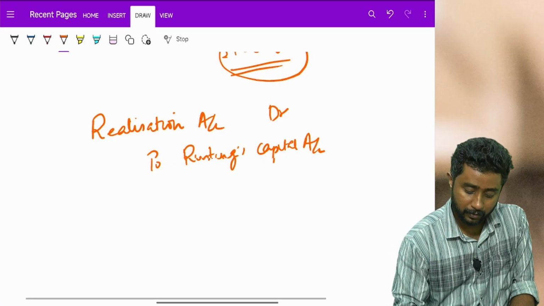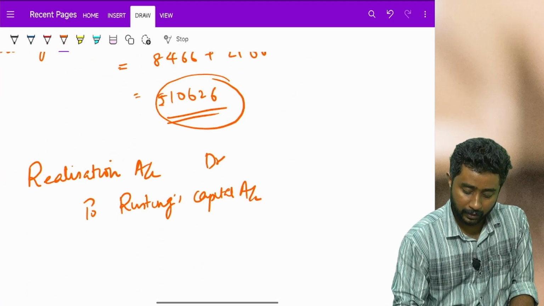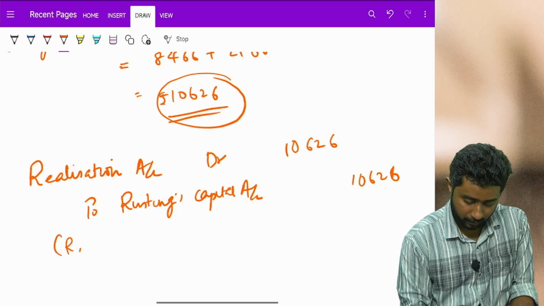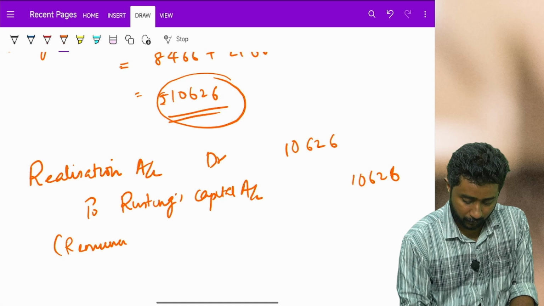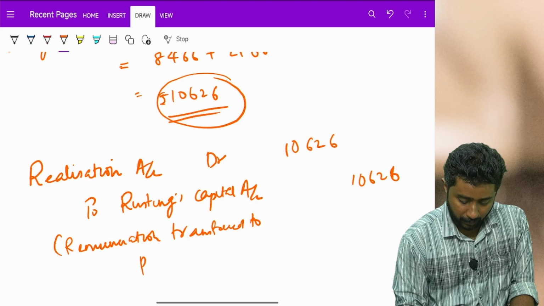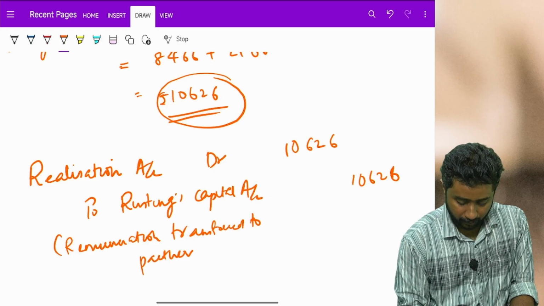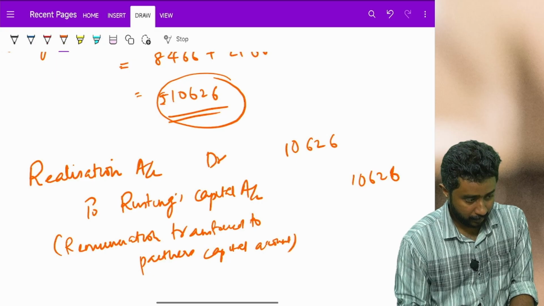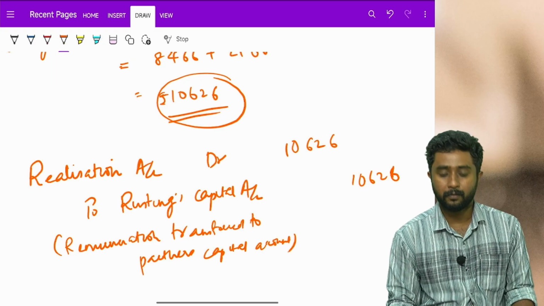Okay, in this we will be writing 10,626. Here the narration will be remuneration transferred to partner's capital or Resting's capital account. Remuneration transferred to Resting's capital account. Okay, this is how we have to write.